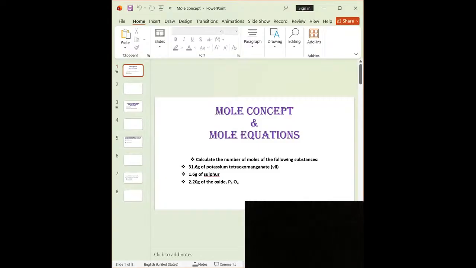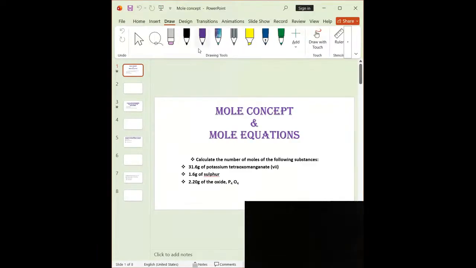And as I was saying, mole can be defined in the following ways. The first equation is: mole equal to mass over molar mass.